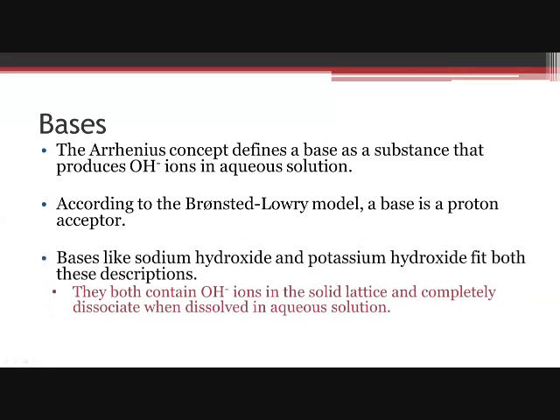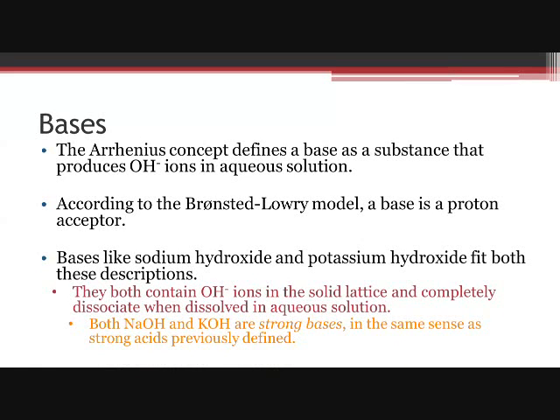In both models, things like sodium hydroxide and potassium hydroxide fit the descriptions because they contain hydroxide ions, so they fit the Arrhenius concept, but they also completely dissociate, so they're able to grab those hydrogen ions. So we call them strong bases since they fit both criteria.